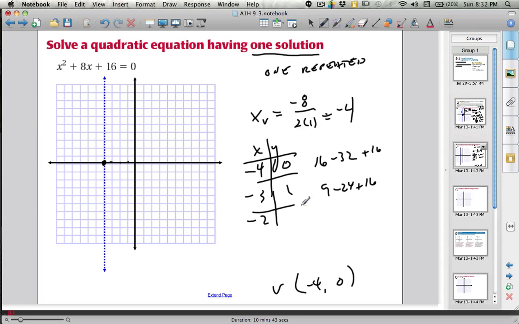And when I plug in negative 2, I'll have 4 minus 16 plus 16, and that's going to be 4. So these points would look like this, 1, 2, 3, 4. And these points would look like that, and this is what it would look like if I graphed it. So you can see that when we have a repeated solution, the vertex is on the x-axis, and that's what that looks like.